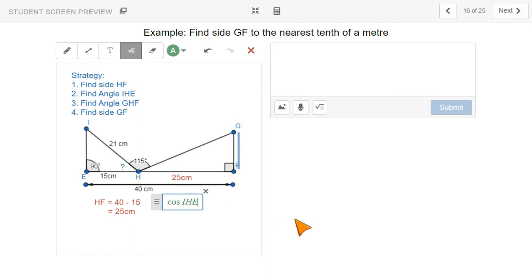Cos IHE is equal to adjacent over hypotenuse. Let's undo the cosine now.